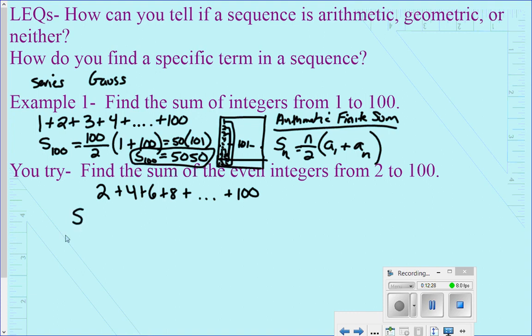So S sub, now I have to think about this a little bit. Hopefully this doesn't cause confusion. So we're starting at 2 and we're doing every other number and we're ending at 100. Well, we just said a minute ago there's 100 numbers from 1 to 100. So if I'm only talking about every other number from 2 to 100, then that's going to be half as many.